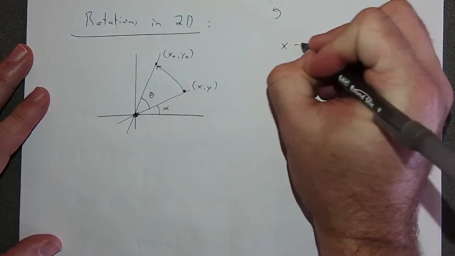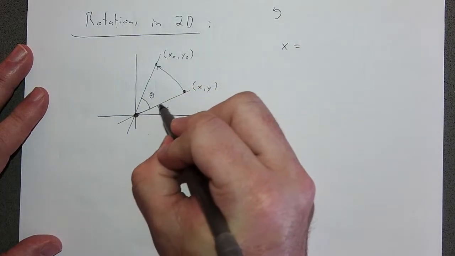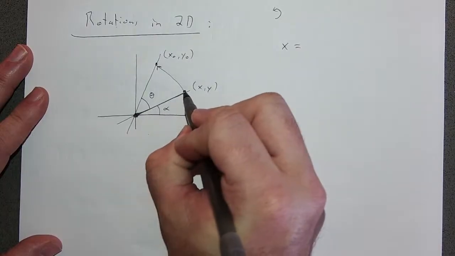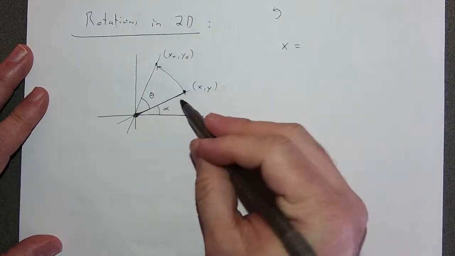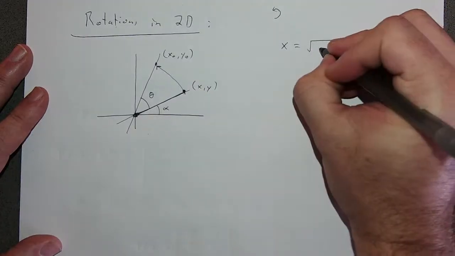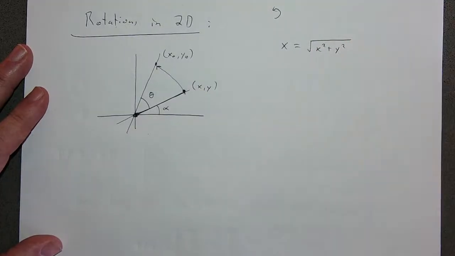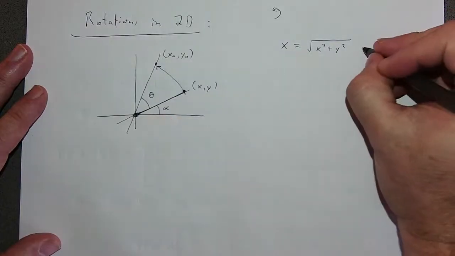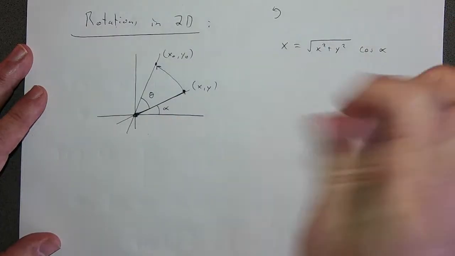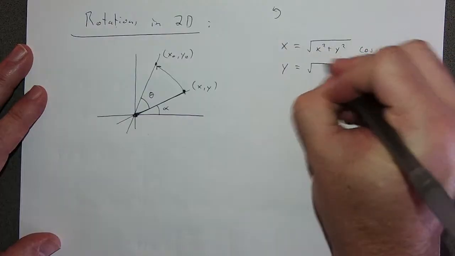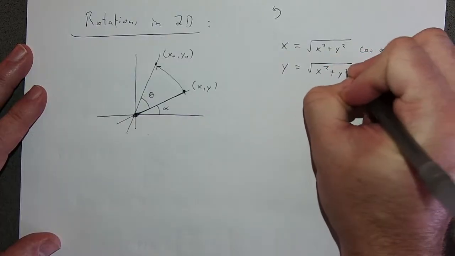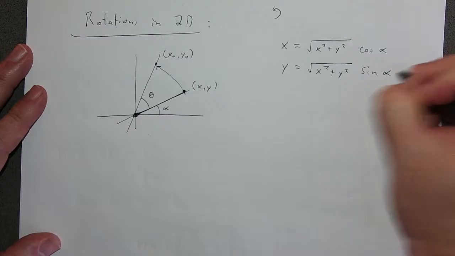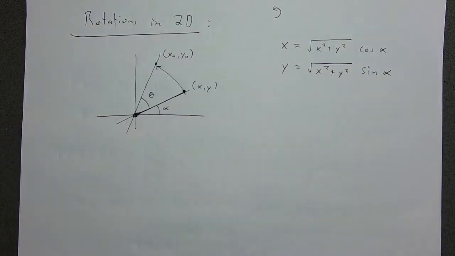Well, x is the length of this segment, its distance to the origin, which of course I can compute as the square root of the sum of the squares. So this is square root of x squared plus y squared, times cosine of this angle measured to the positive x-axis, which is alpha. And similarly, y is that same distance to the origin times sine of alpha. Okay.